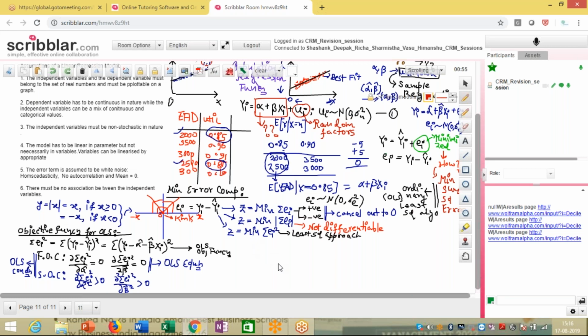So the first thing is delta summation e square over delta alpha hat is equal to 0.